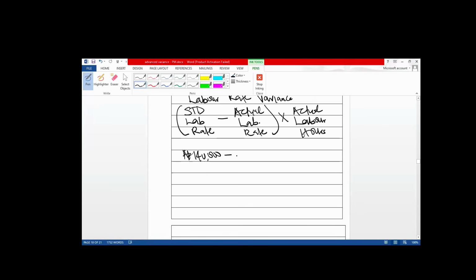Actual labor rate paid to temporary staff, 180. Actual hours used by temporary staff, 550. That will give you your labor rate variance. You have 22 million adverse.